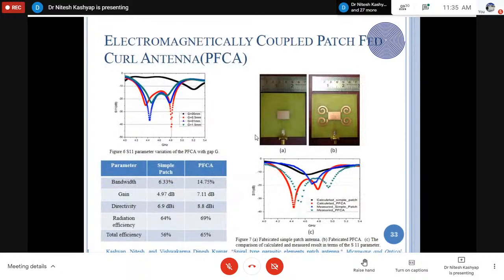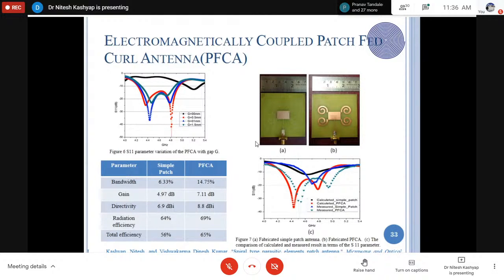So this was the first approach to improve the performance of an antenna. You can use other techniques like U slot, coil improvement, metamaterial or EBG, and reactive impedance surfaces.